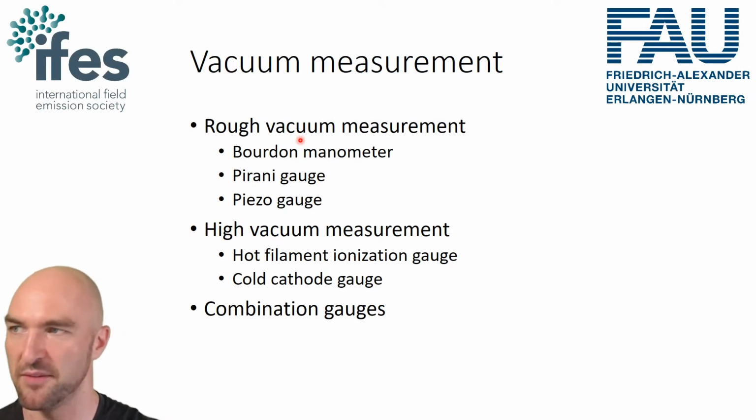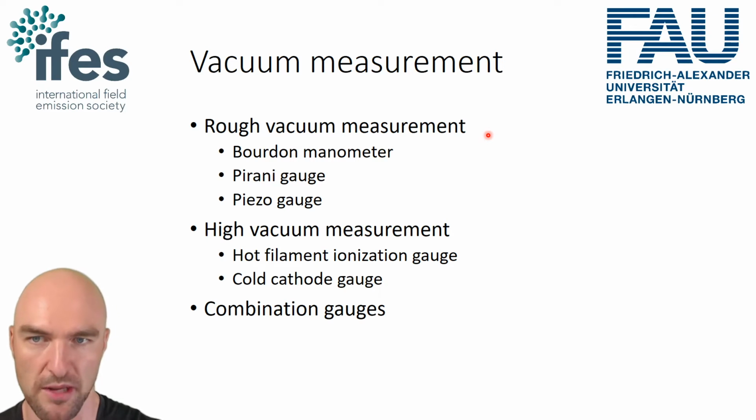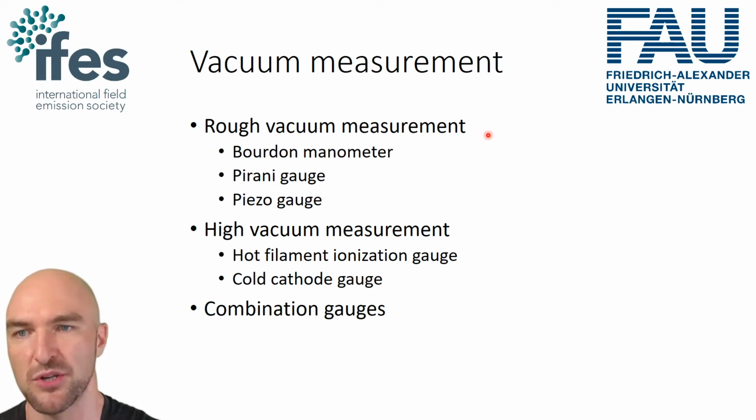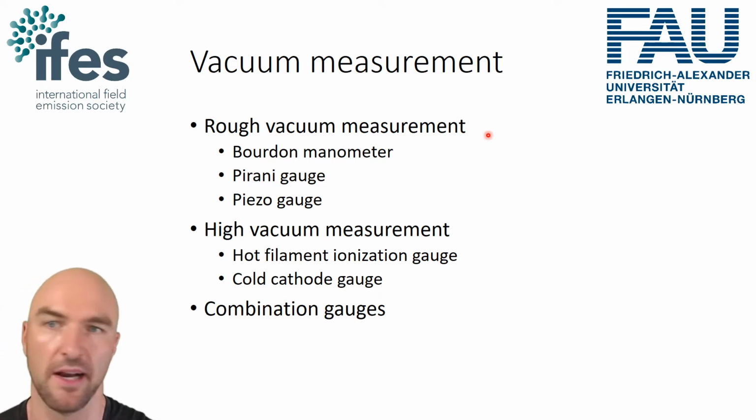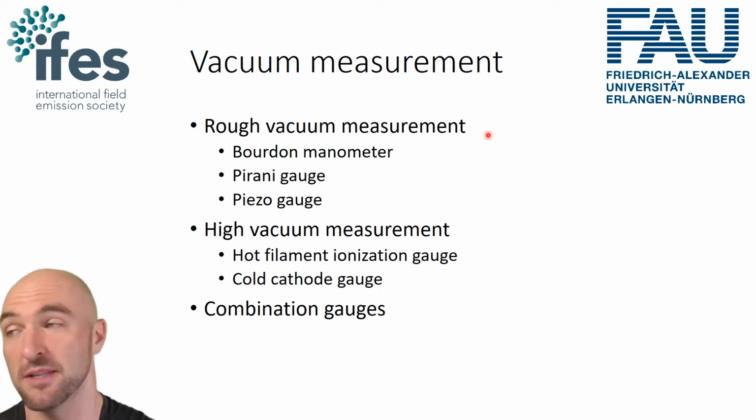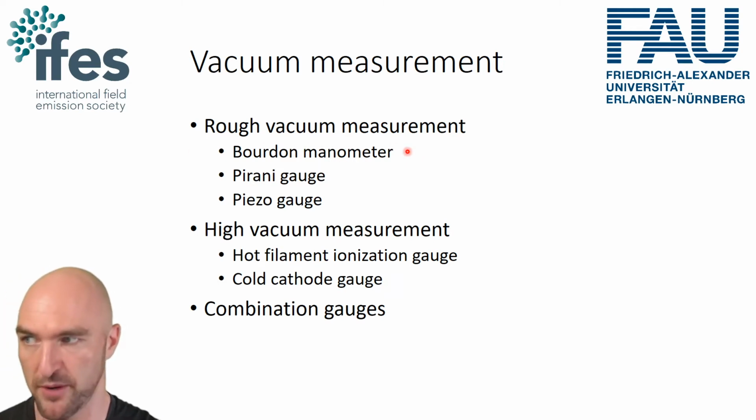So, vacuum measurement means we're going to have some rough vacuum measurement, which is essentially based on measurement of some kind of pressure, some kind of gas property as a whole. And that can be either the gas pressure as in the physical pressure.